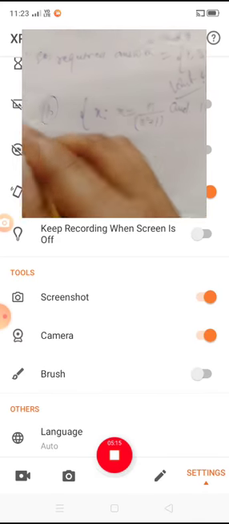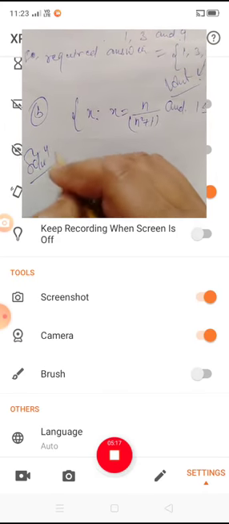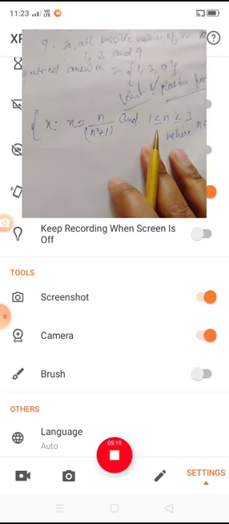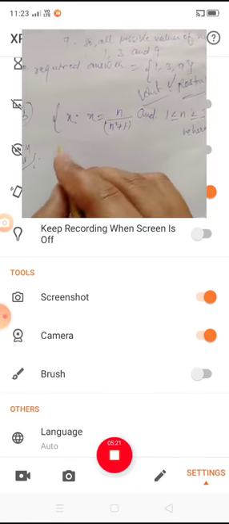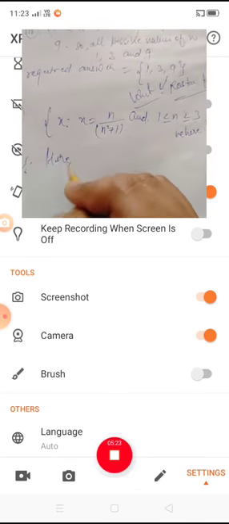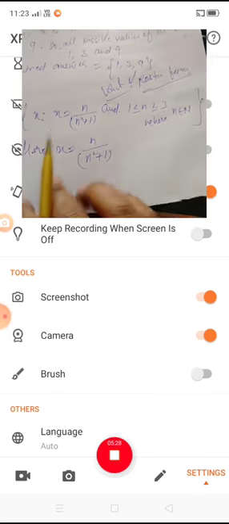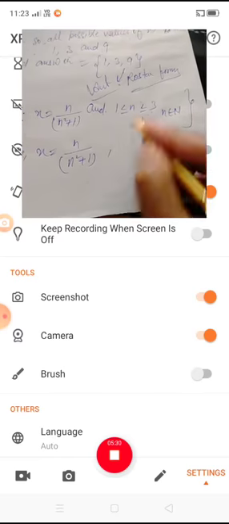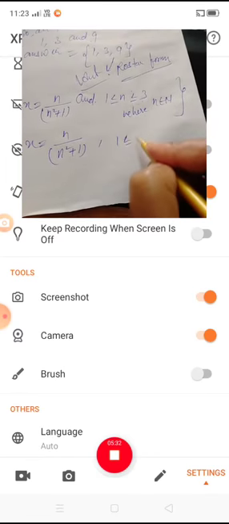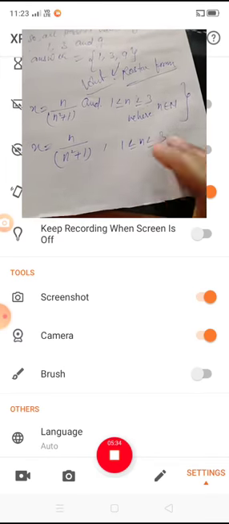So solve it. First, here x is equal to n upon n square plus 1, and 1 less than or equal to n less than or equal to 3.